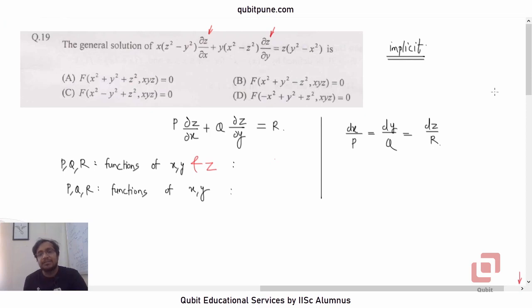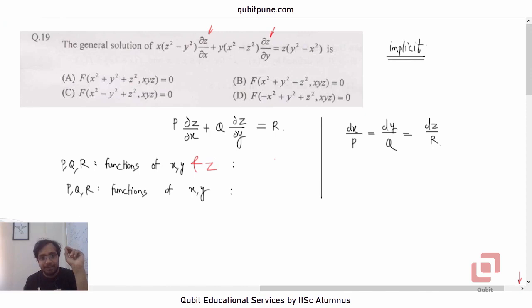Now at first you have to note here that this partial differential equation belongs to a particular class of partial differential equations, and their standard form is this: p into partial z by partial x plus q into partial z by partial y equal to r. This is the standard form.